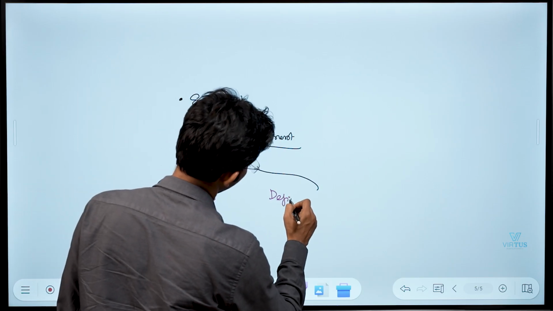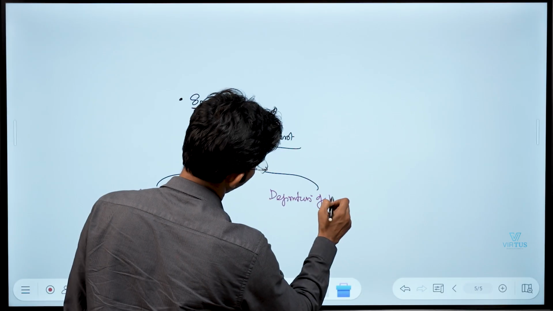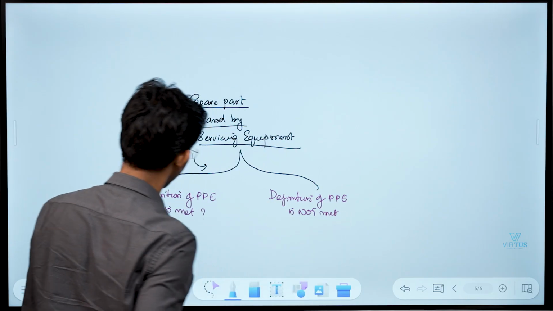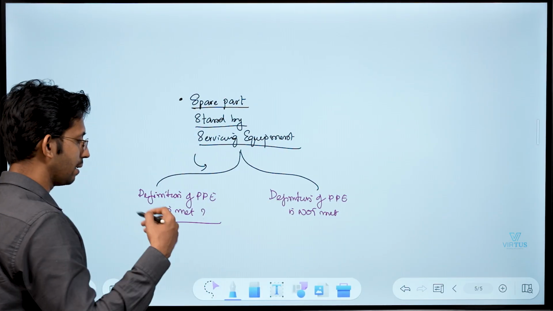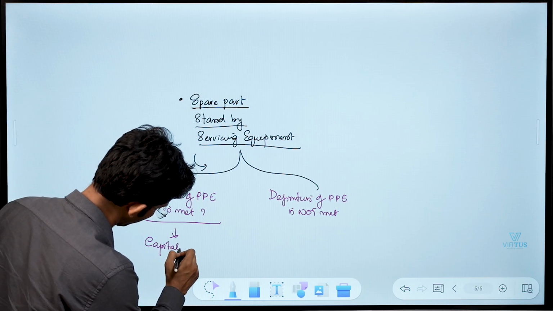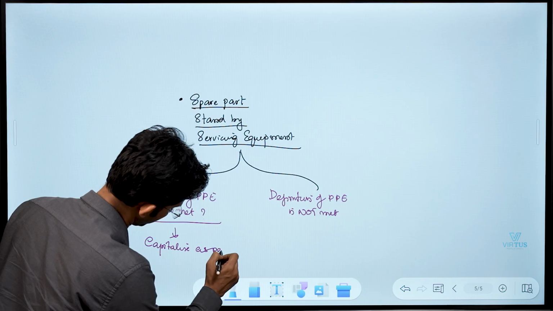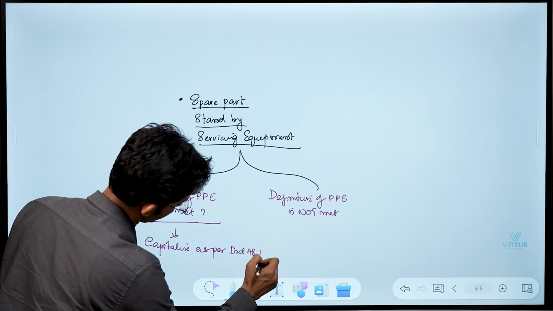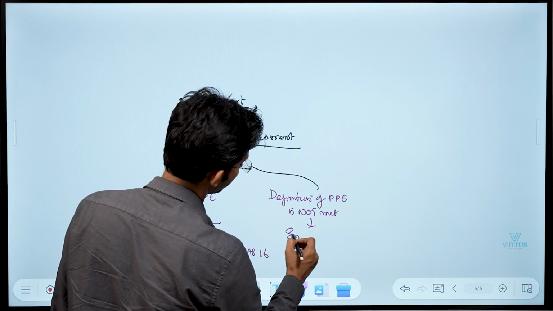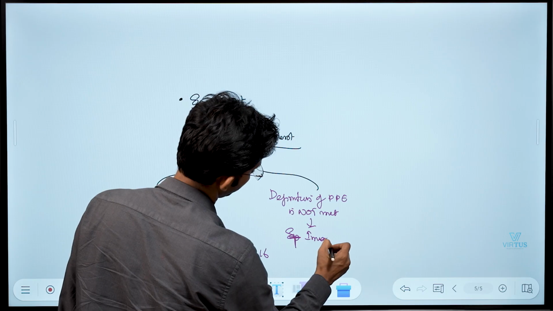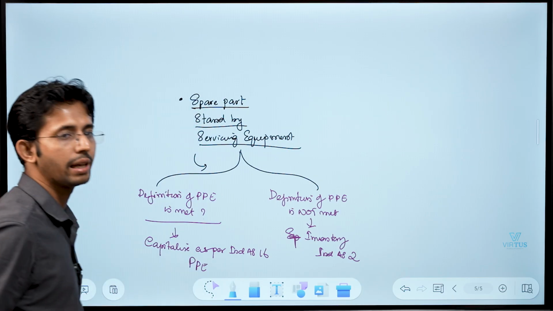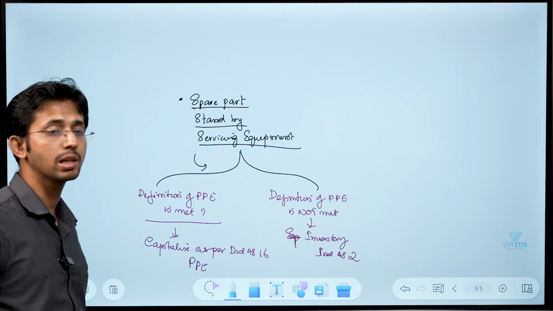If the definitions are met, you have to capitalize as per Ind AS 16. So this is PPE. If the conditions are not met, then it becomes inventory as per Ind AS 2. So this is accounting of spare parts, standby and servicing equipments.